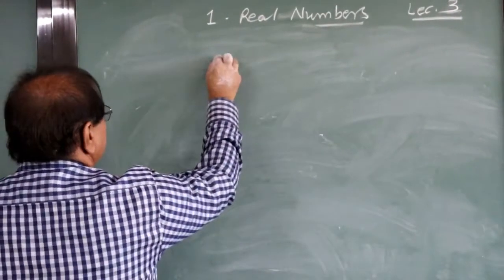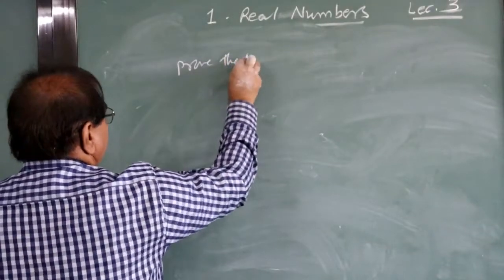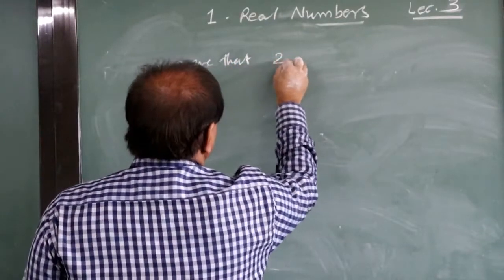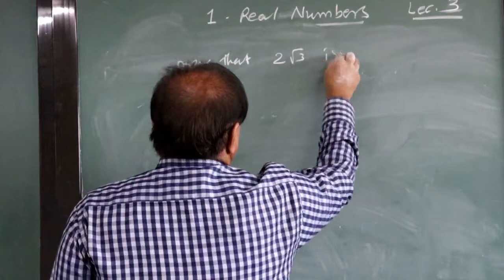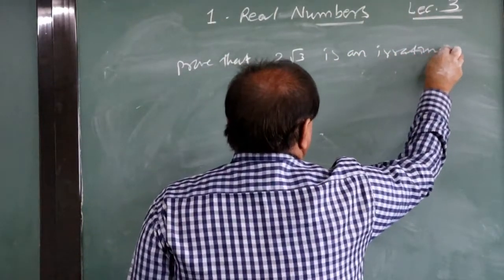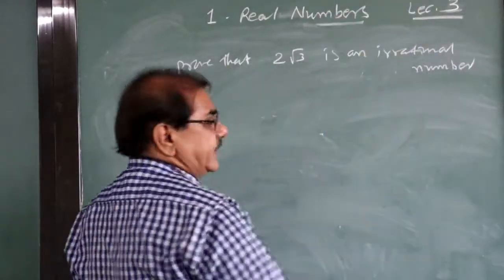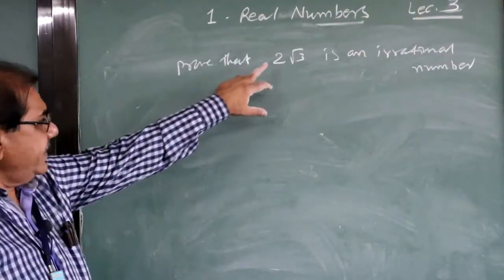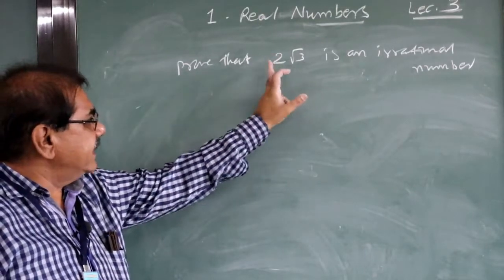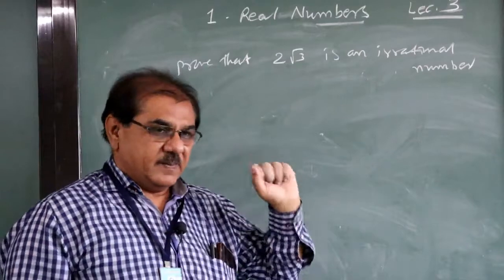Suppose I want to prove that 2 square root 3 is an irrational number. Okay. So it is a product of rational and irrational. So the answer must be irrational, but we want to prove it.